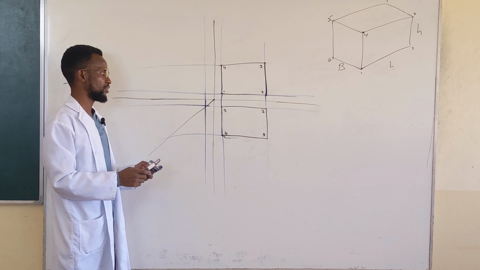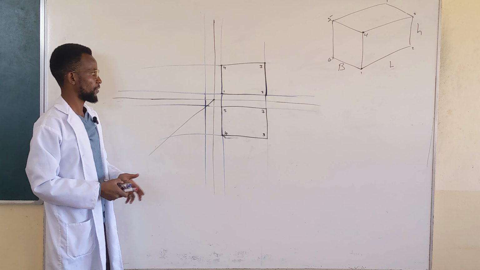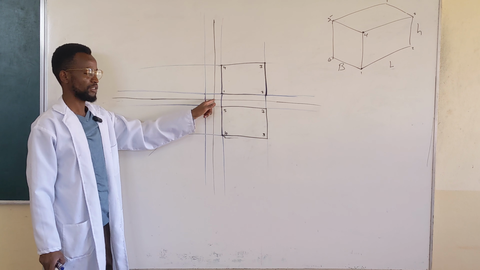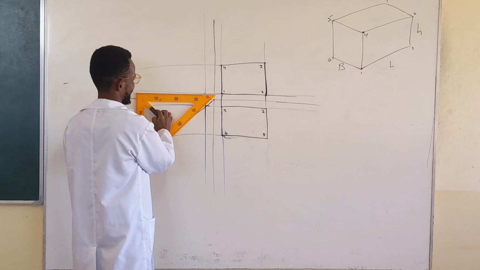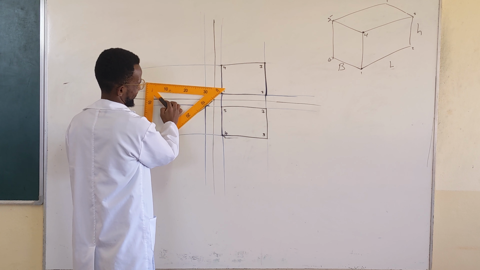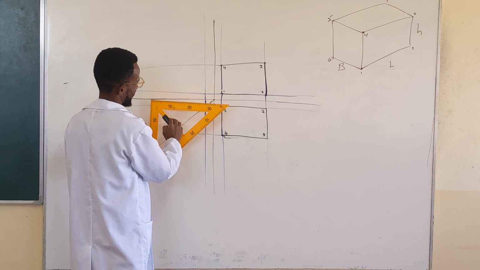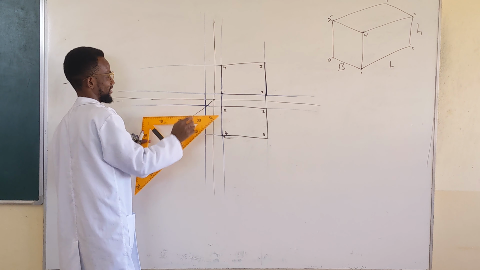If you didn't get an equal distance when coming up with these, then from here, just draw a line at angle 45. Use the 45-degree set square and align it with this line.